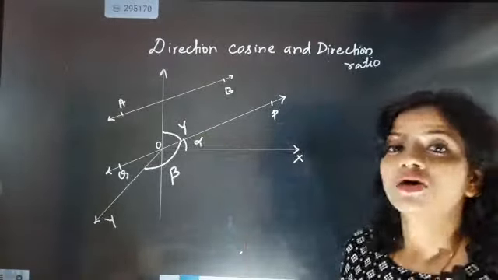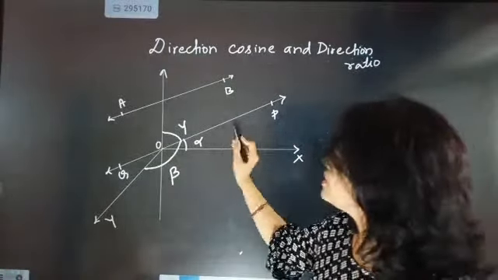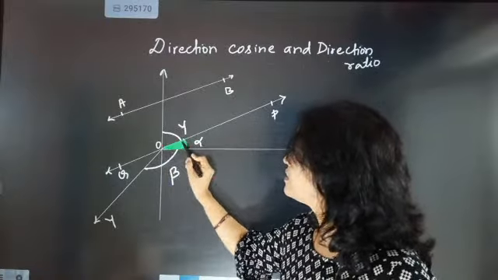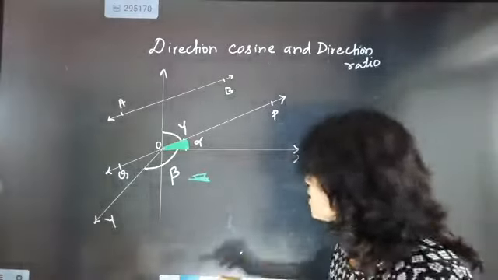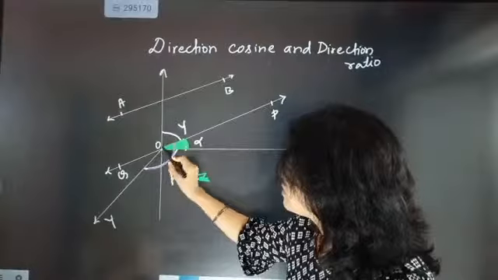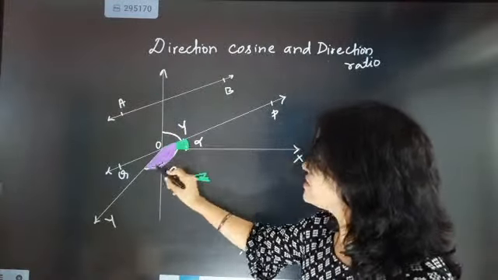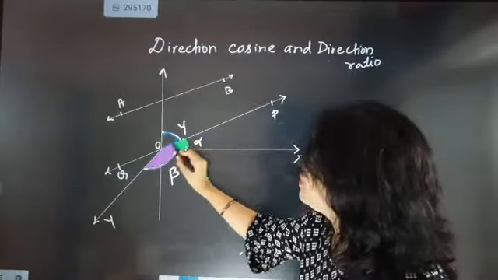So that means this line OP made alpha angle with the x-axis, it made beta angle with the y-axis, and it made gamma angle with the z-axis.